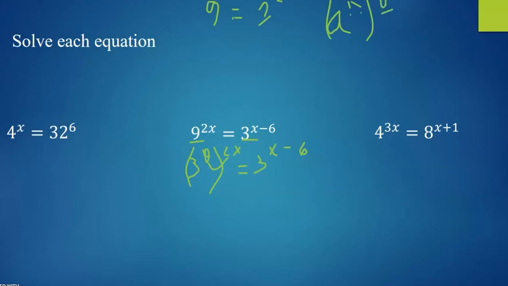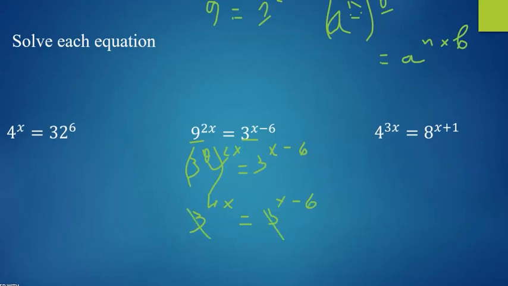The exponents will be multiplied. Alright, then we will have a to the n times b. Okay? Alright, in this case it's going to give 3 to the 4x, okay, is equal to 3x minus 6.